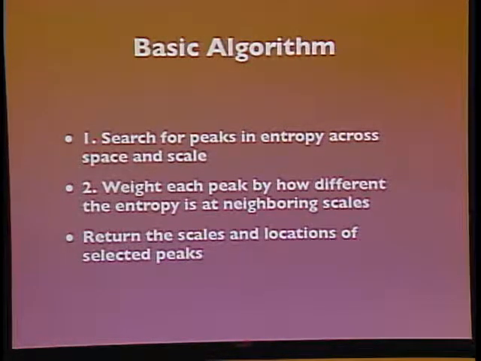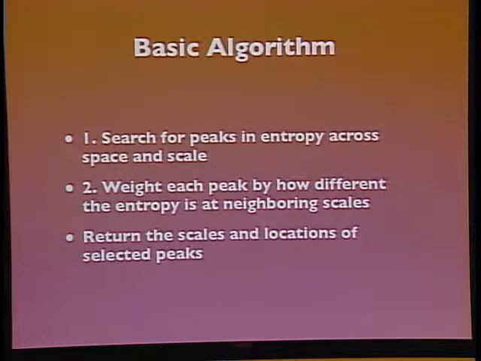So what we're going to do for this algorithm is search, for each level of detail, like we talked about for the edges, and for each region in the image, we're going to evaluate the entropy of its feature histogram. And by the way, you have to pick whether that feature is color, edge orientation, or something else.